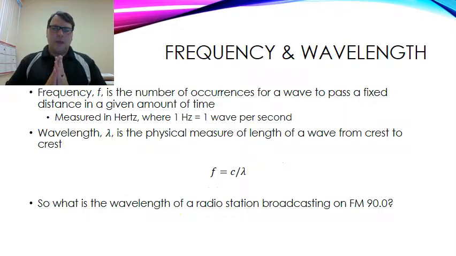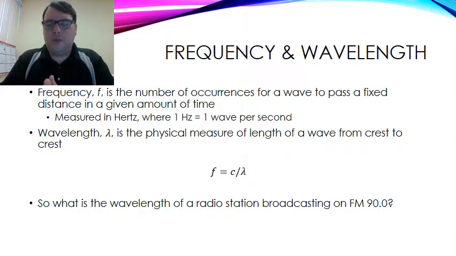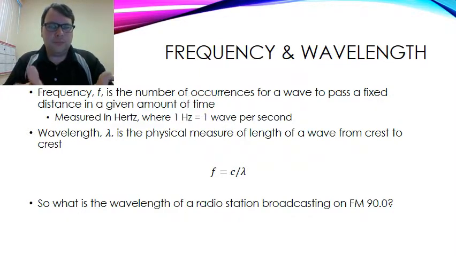So if we get into frequency and wavelength, we start looking at that relationship. What does it do for us? Well, frequency, when we're talking about it in terms of electromagnetic radiation, is simply the number of occurrences that a wave will use to pass a fixed distance in a given amount of time. What does that mean?